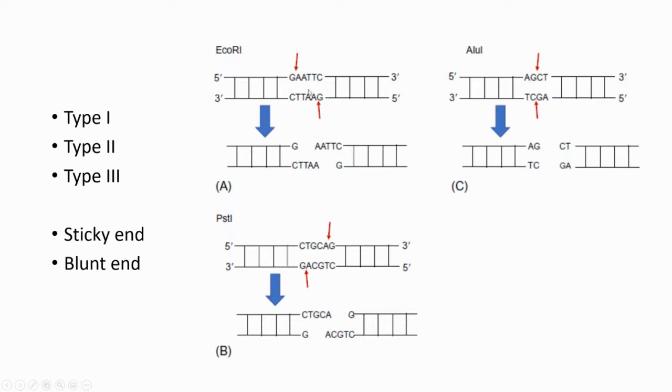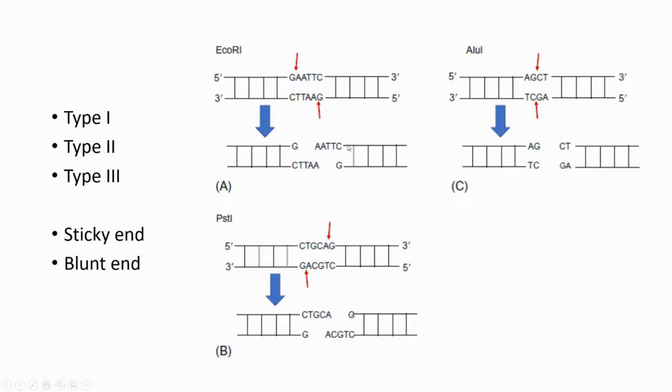They recognize this, and they cleave right between G and A here. So the recognition site and the cleavage site are in exactly the same location. And AluI recognizes AGCT, and they cut here between G and C.